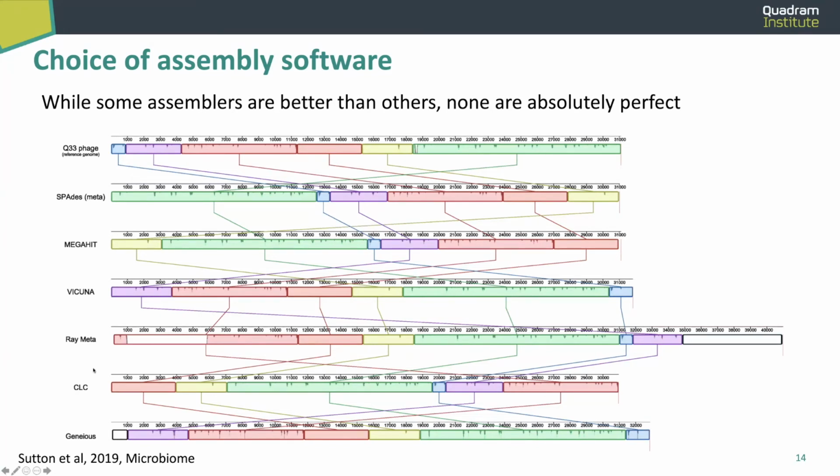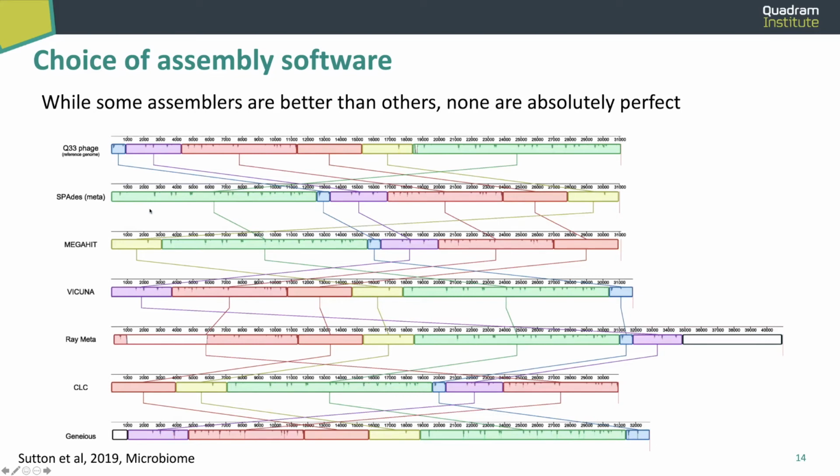They saw that, for example, Ray Meta inserted some random stuff, CLC Genomics was a little bit shorter, and Geneious added a little bit here in comparison to the reference. And because it's kind of a 50-50 in which direction the strand goes, some did it in reverse.